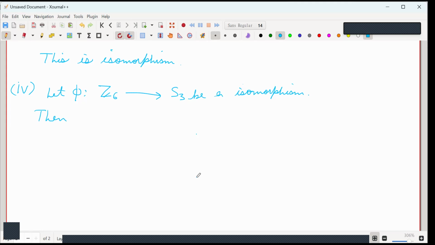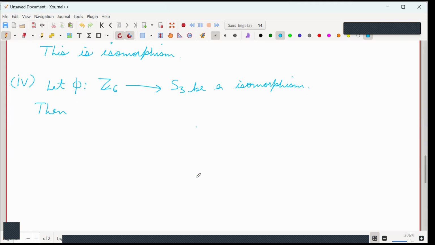So we will just use the same exercise. So you are also going in the same direction. I think you are saying that if you map something to a generator, either it's a 2 cycle or a 3 cycle, but that cannot generate S3, right? Yes, sir.